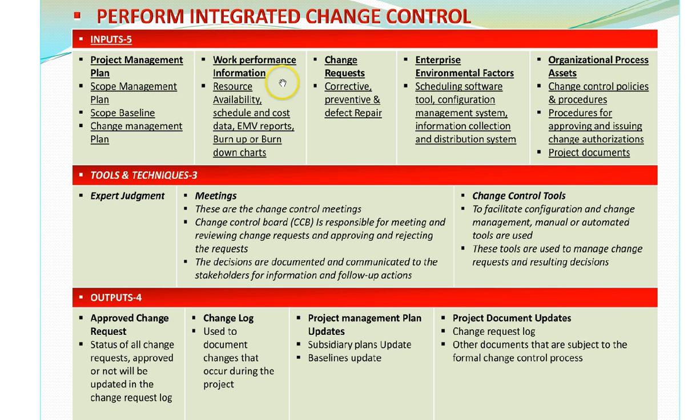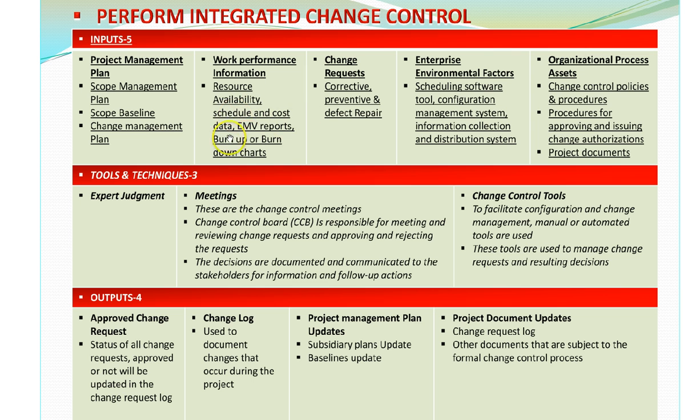The second input is work performance information, which is with respect to resource availability. Are they available? Are they not available? Now resources could be people who are working on the project, or it could even be machines that are needed to do a certain job.